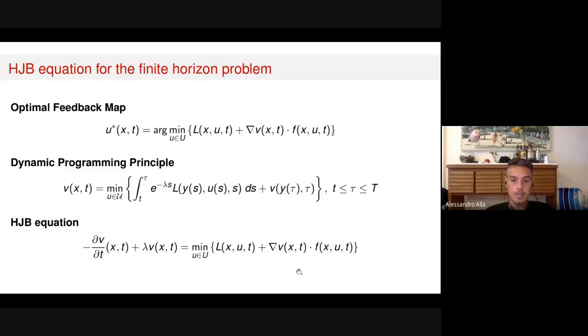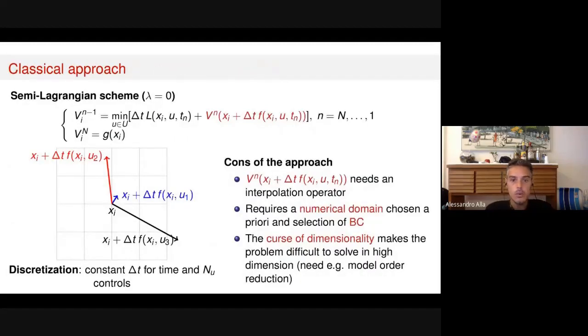The dimension is the same as the dimension of the system of differential equations. So, with the difference that imagine having a differential equation of dimension 4, now we get a PDE of dimension 4. So the solution of the Hamilton-Jacobi-Bellman equation is not trivial, and for that we need to get some numerical approximation.